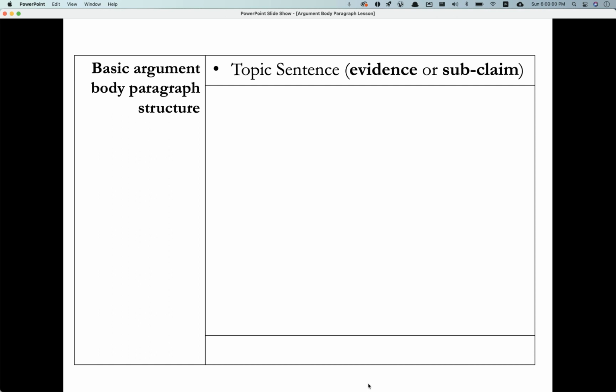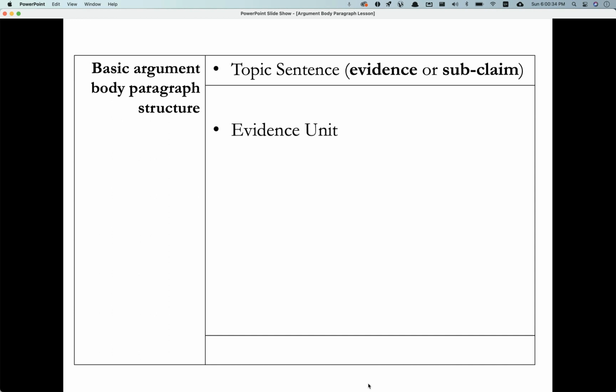For the overrated prompt, which is the one I've asked my students this year in spring 2021 to look at, it really lends itself best to a subclaim-based as opposed to an evidence-based thesis statement. And so the topic sentences will be, of course, subclaims, because there's an inherent connection between the topic sentences and the thesis. Though the prompt will really dictate for you what works better, whether it's evidence or subclaims.